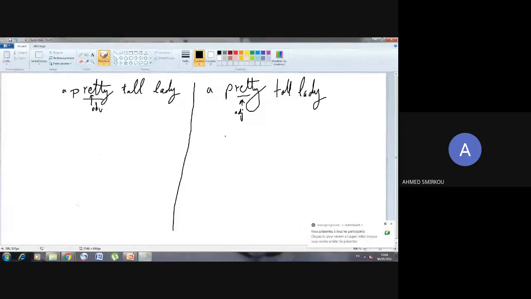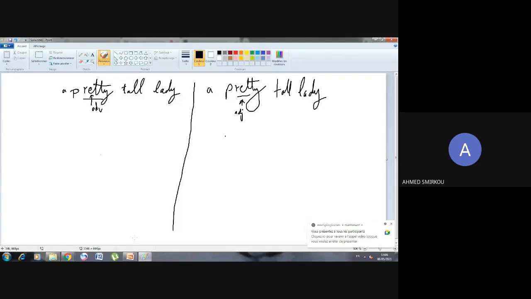The first one, a pretty tall lady, is ambiguous, because pretty can be an adverb, as we said last time. It can be an adverb modifying the adjective tall, which means the lady is quite tall.